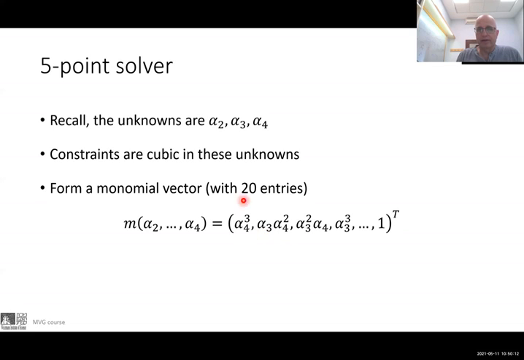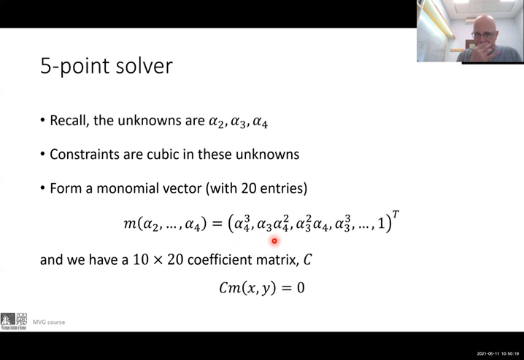There are 20 entries for this monomial vector, and the coefficients will be a 10 by 20 matrix: 10 because we have 10 polynomial equations, and 20 monomials. So C m equals 0 gives you all the polynomials in the equation.